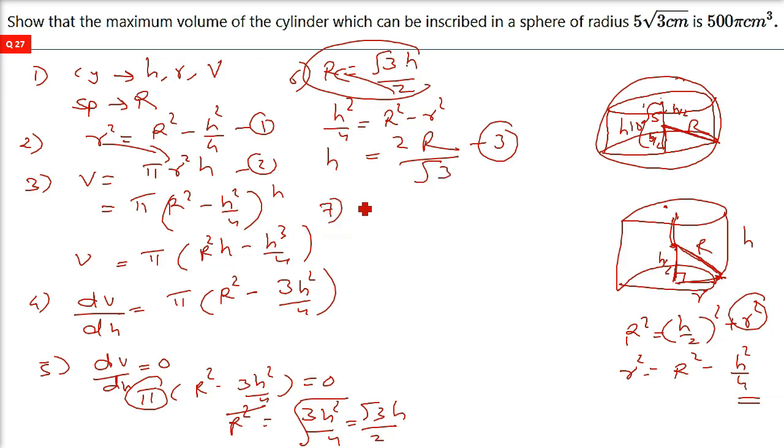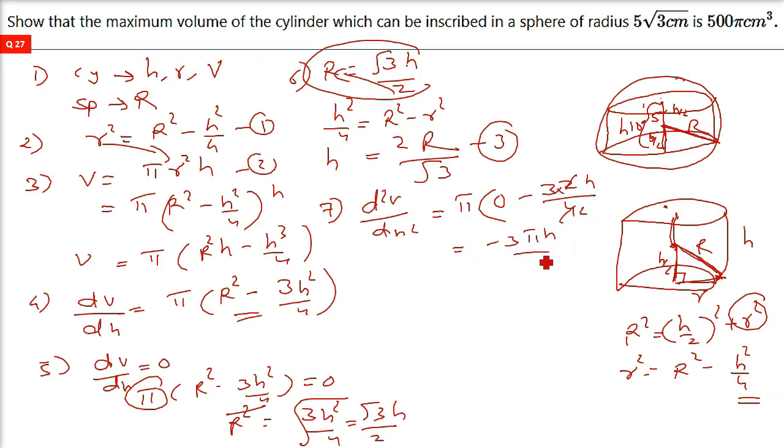The next step will be d2V by dh square. The differentiated value has to be double differentiated, and I am double differentiating it and placing it against 0. Differentiating R square gives 0 because it is a constant; 5 root 3 is already given. The 3h square by 4 is differentiated, and don't worry about the value, just worry about the sign.